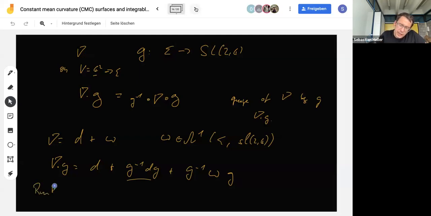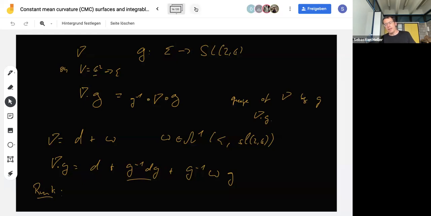And particularly, it's clear that if we start with a flat connection nabla, so this works generally for all complex connections, and if we apply the gauge transformation G, then we get a new flat connection. So either we compute the curvature of the gauge connection and see that it's flat, or we observe that flatness is equivalent to the fact that locally we have many parallel sections, so we have parallel frames of the bundle.